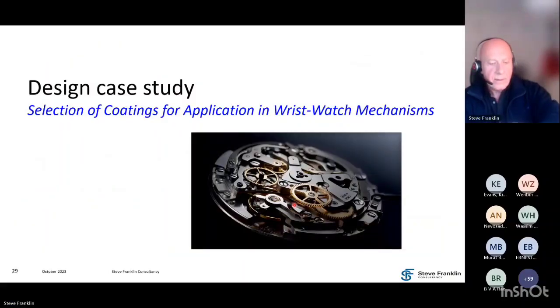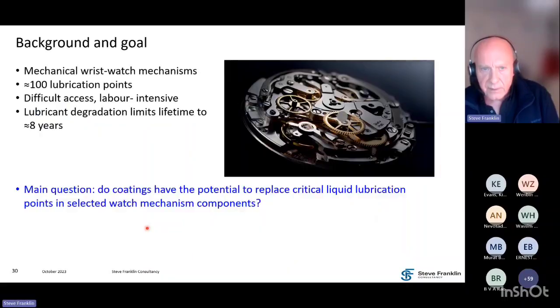So I think I better finish there because we're 3 minutes before 4 now. I do have another case study, which is more of a pre-development design case study about wristwatches and whether coating can be used to replace liquid lubrication points in high-end watch mechanism components.